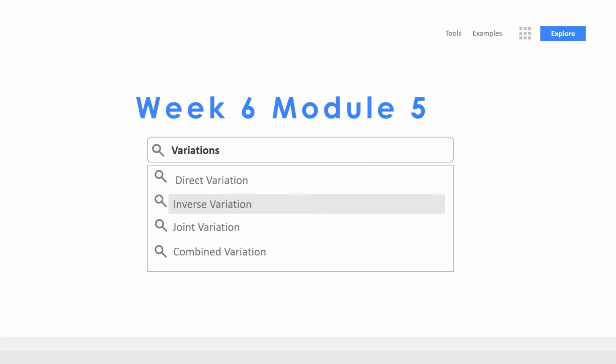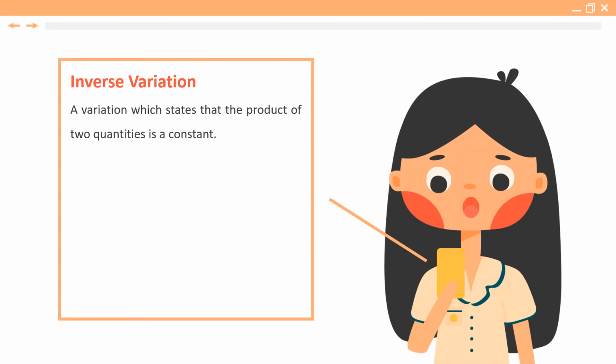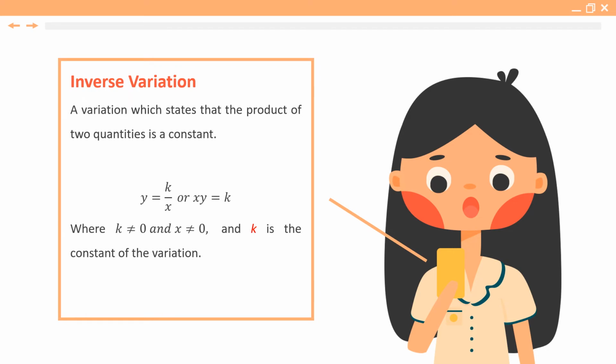So now let's go on to our inverse variation. It is defined as a variation which states that the product of two quantities is a constant. For example, you have y varies inversely as x and y is inversely proportional to x.